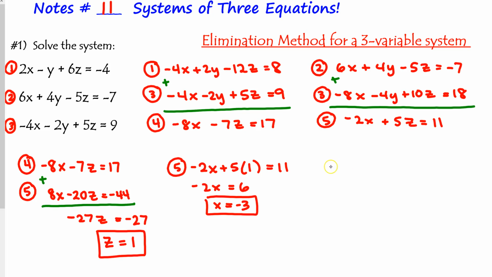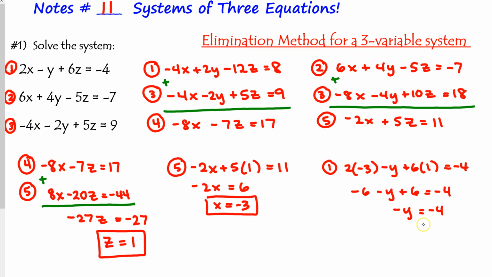So suppose I take equation 1, so 2 times x minus y plus 6 times z equals negative 4. So negative 6 minus y plus 6 equals negative 4. So the opposite of y equals negative 4, y equals 4.